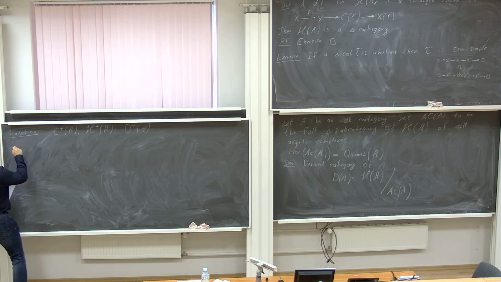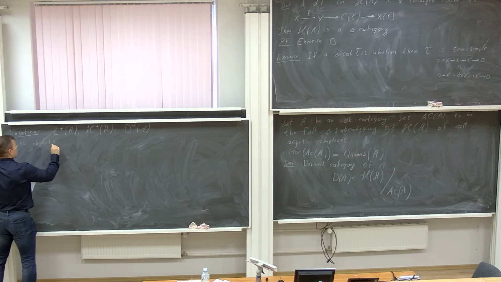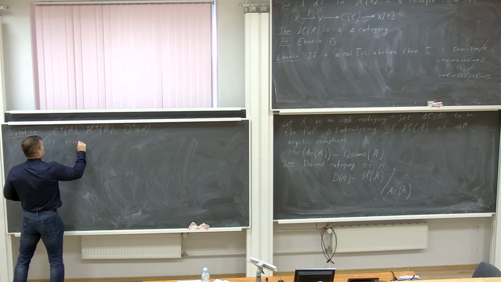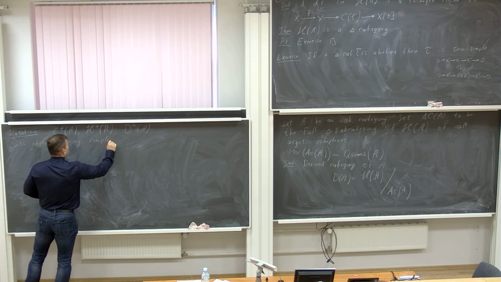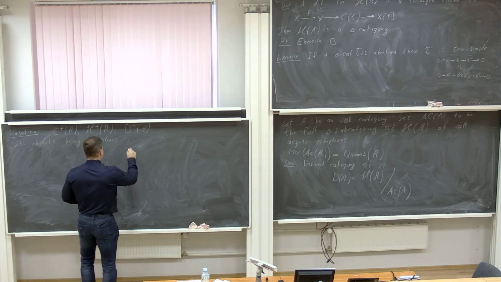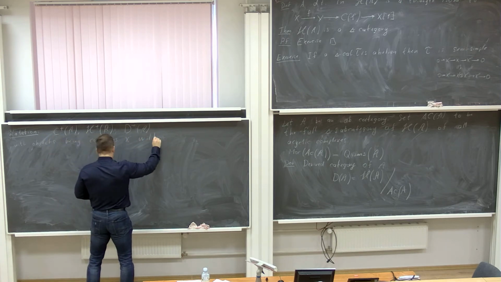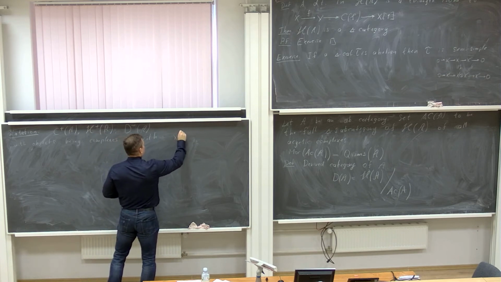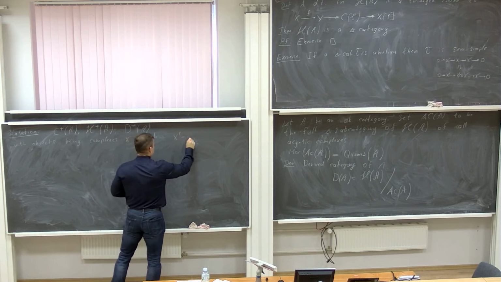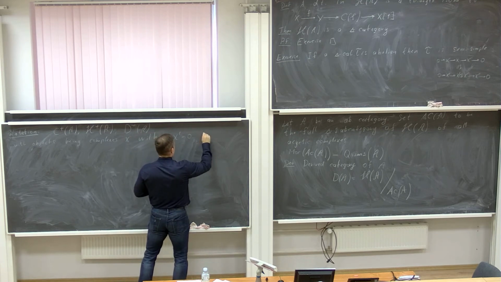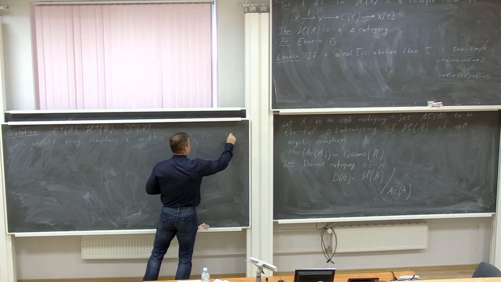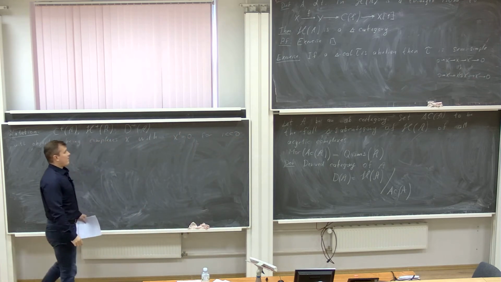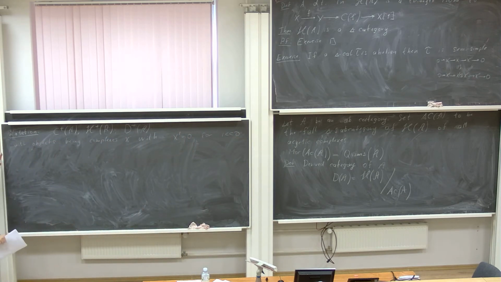So objects being complexes with the property that the components of these complexes are all 0 for all sufficiently large negative indices. So essentially, this is something that sits in the positive part for the indices, maybe up to some finite shift.